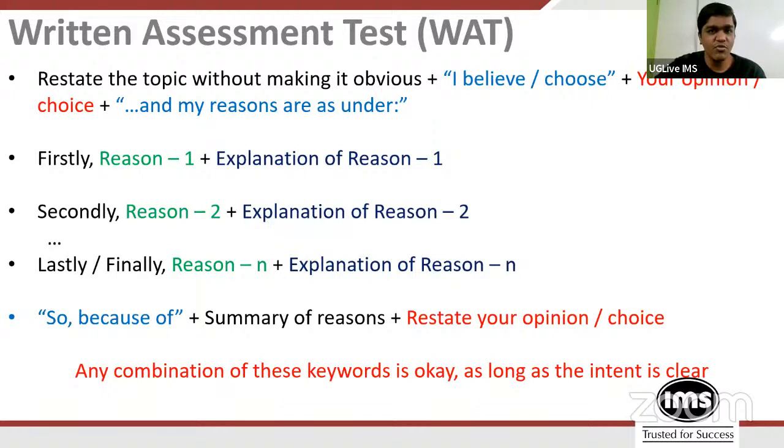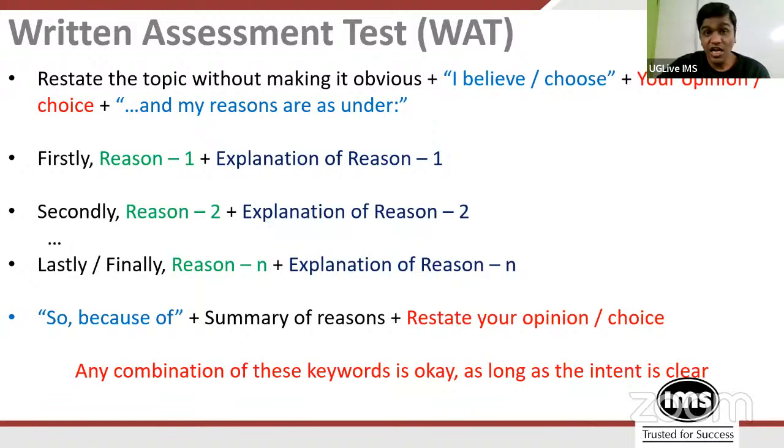Because we said one of the more important things is coherence. I'm willing to let go of a few grammatical or spelling errors here and there if you have great content and if you organize your content in a nicely demarcated manner. So it's okay to sacrifice on one or two things, but at least give me a good structure.